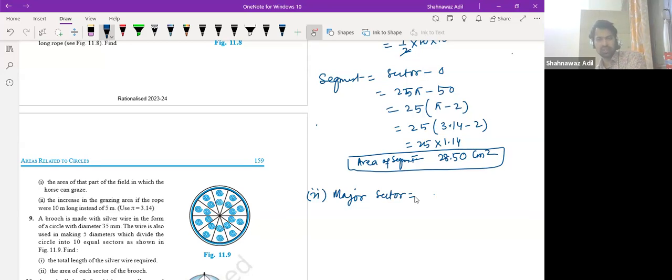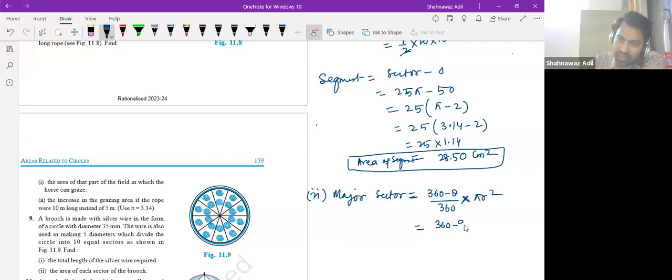Yes, Tejasvi, what would be major sector? 360 minus theta by 360 into pi r square. Yeah, good.